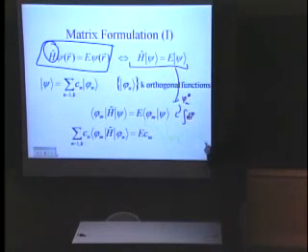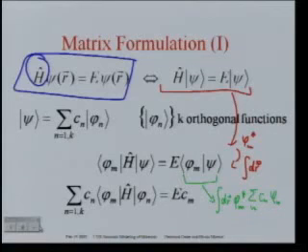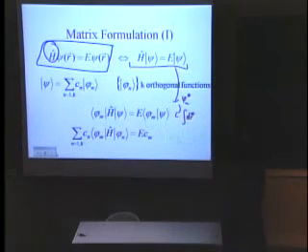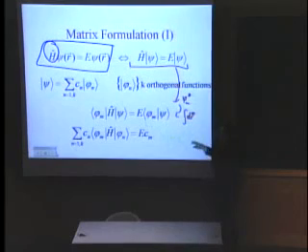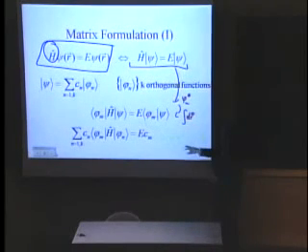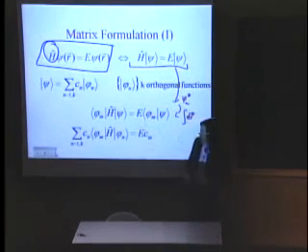So in all this sum over n, there is only one index that will be identical to this. So for that case, the integral gives 1. Otherwise, it gives 0. So what is saved in all of this is only the coefficient that corresponds to this m coefficient here. So what we obtain from this is just Cm times a constant.